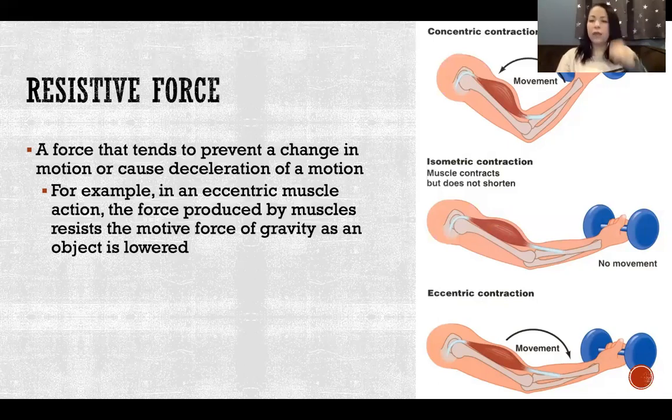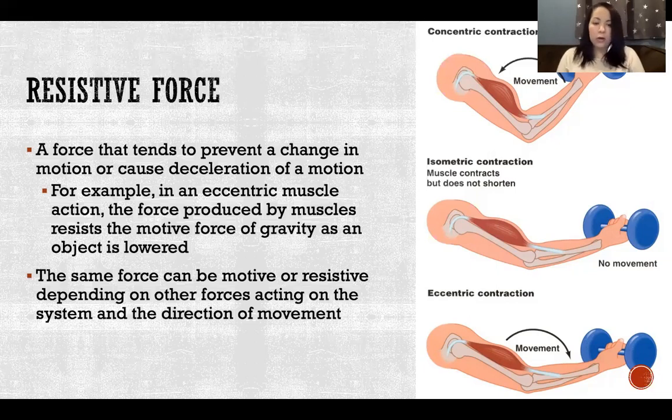Okay, so in the extension, gravity is the motive force, because if I produced no muscle force at all, gravity would just go clunk and pull down on my forearm and the weight. And so as I'm extending the elbow, biceps brachii is contracting eccentrically to resist that motive force of gravity to control the lowering of my forearm and the weight.